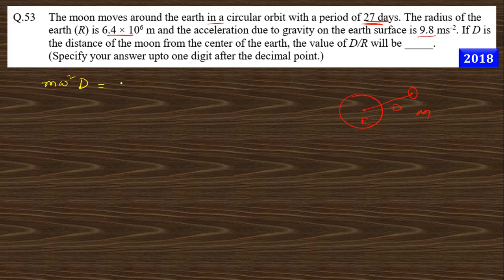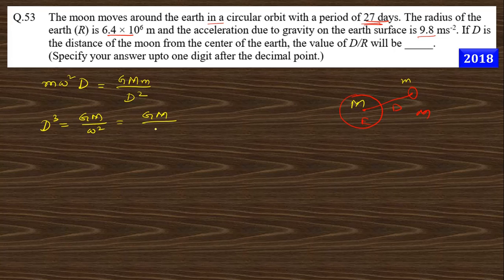This is equal to their mutual gravitational attraction, which is GMm by r square, that is d square, right? This is the big mass M, and this is the small mass m. So small m cancels out, d cube is nothing but GM by omega square.